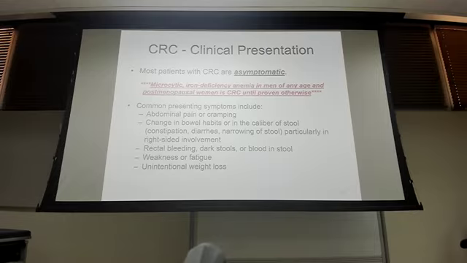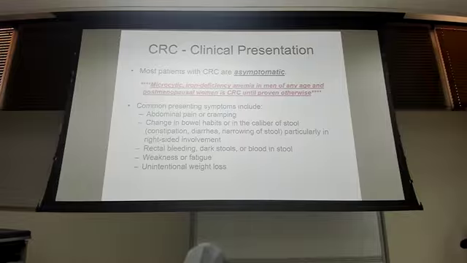Other common presenting symptoms for colorectal cancer: abdominal pain and cramping, change in bowel habits, or the caliber of stool. A lot of times your patients, if they have a mass, they're going to have a narrowing of the stool because there's a space-occupying lesion inside the lumen of the GI tract or the colon.